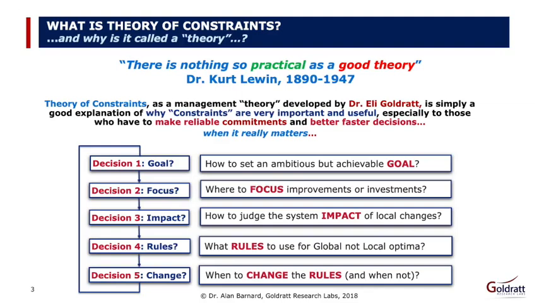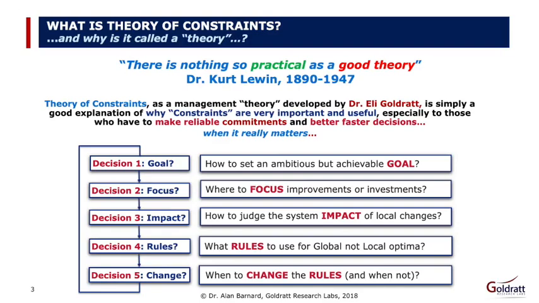How do we know when to change the rules? When a constraint moves in the system, we should be changing the rules. So a key insight is, if I want to be able to run my organization with essentially the same operating method, like the McDonald's way or the Toyota way, a way of achieving that is to make sure that the constraint never moves.